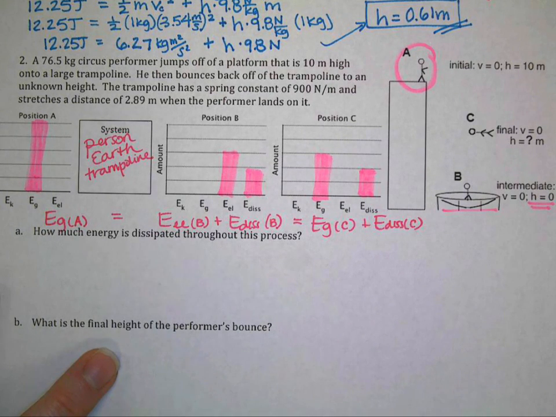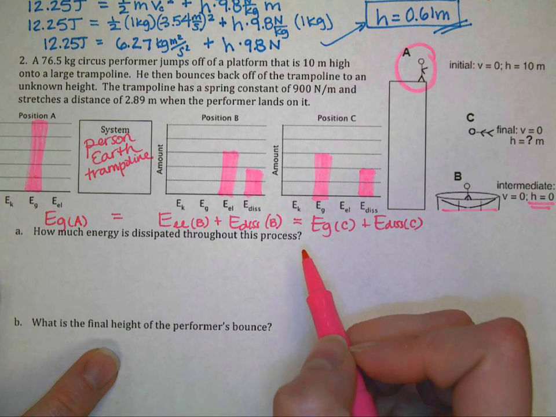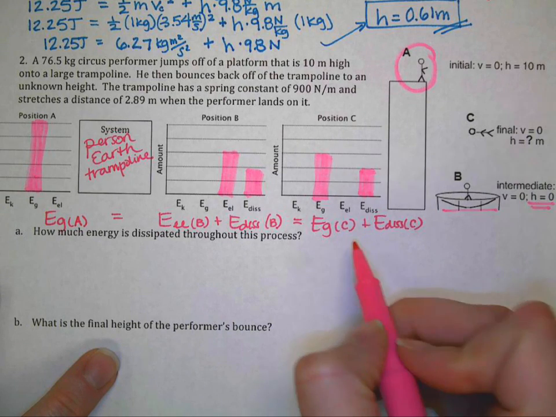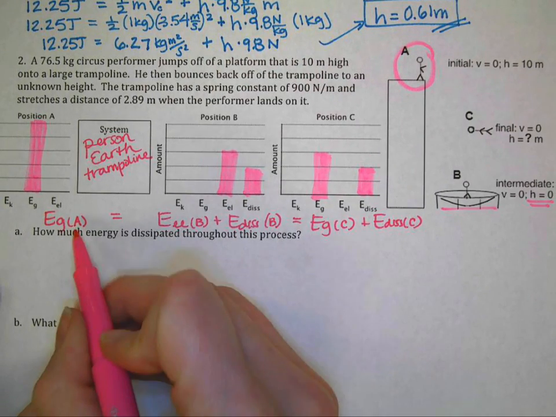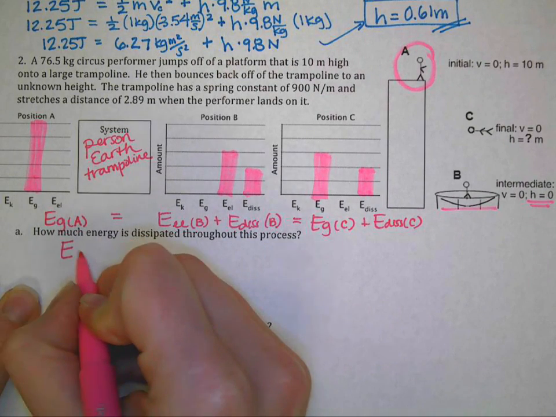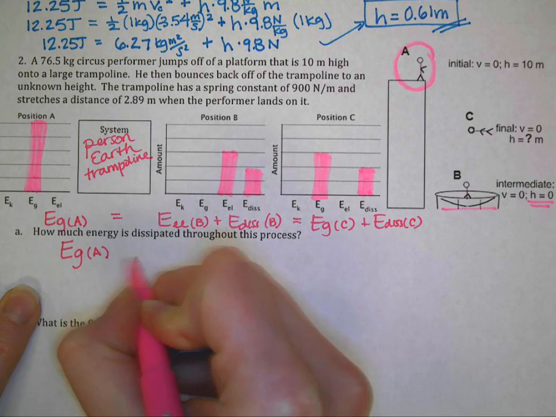It asks how much energy is dissipated throughout this process. You can pick whichever one we have enough information for. We know the initial height is 10 meters, so we can calculate how much energy is stored at position A.